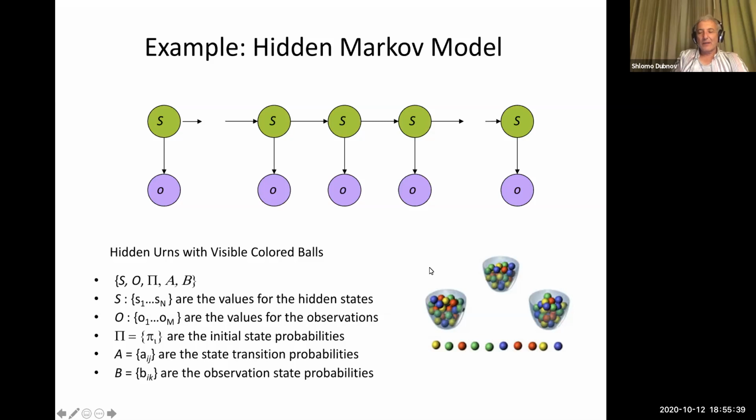So the idea of the hidden Markov model is something like you have different bowls with balls. So you have these urns, 1, 2, 3, and each one has balls with the same colors.